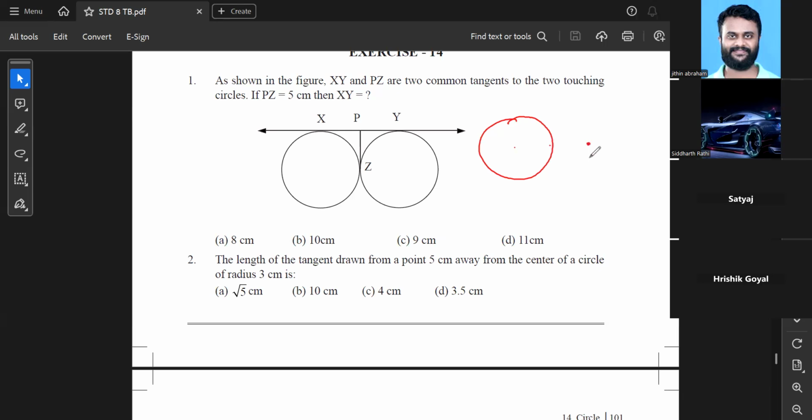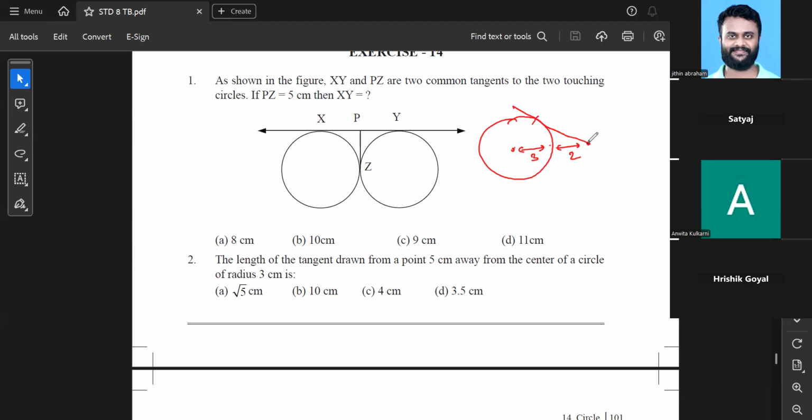So I'm drawing a point at 5, which means it is outside the circle. And this distance will be 2. This distance is 3. This length is what they're asking.